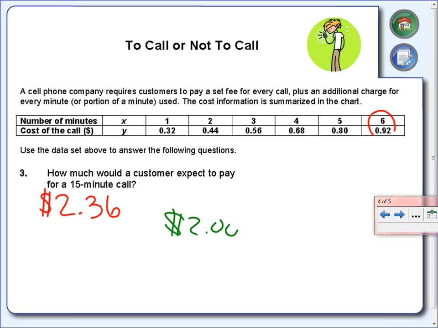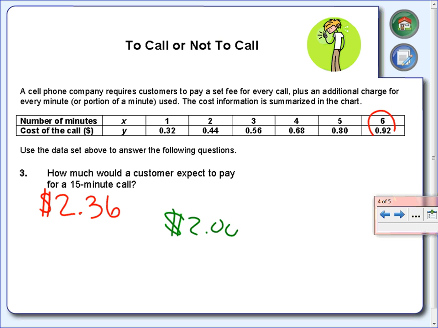But there are a couple of other ways, and I didn't even think of that way, but there are two other ways. Anybody know another way we could have got that same answer? Like the linear regression in your stat thing, the y equals. Check that out. Everybody go to y equals. Remember we just came up with the equation? Let's type that equation into our y equals. That equation was y equals 0.12x plus 0.2.